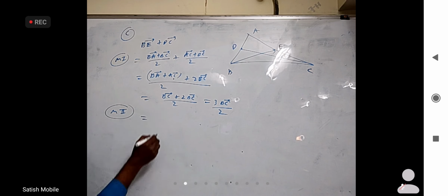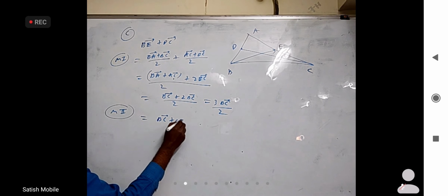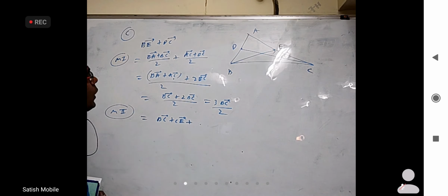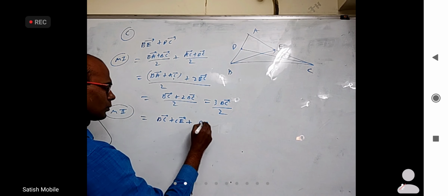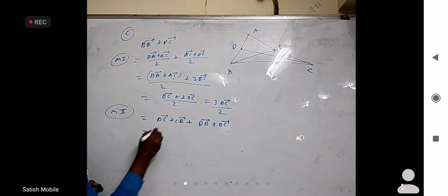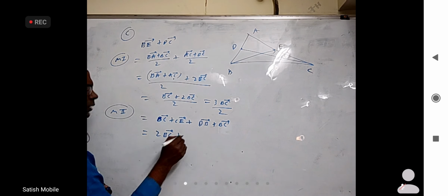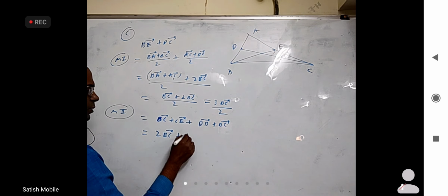Method 2, BE I can write BC plus CE, and DC I can write DB plus BC. Here BC, I can write 2 BC bar. CE plus DB, how to do that? CE bar is half of CA bar.